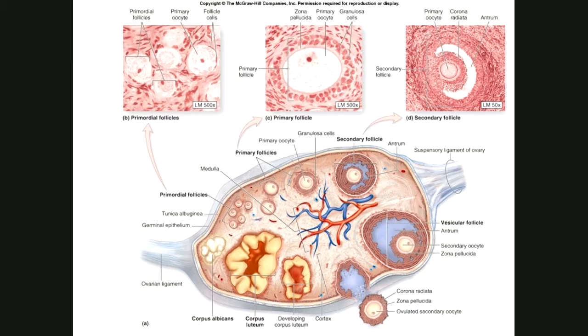So here's the oocyte. Here's the fluid coming out. Well, look, some of those granulosa cells are going to come out with the oocyte because they're surrounding it. They're right here. They have a special name. They're called the corona radiata.